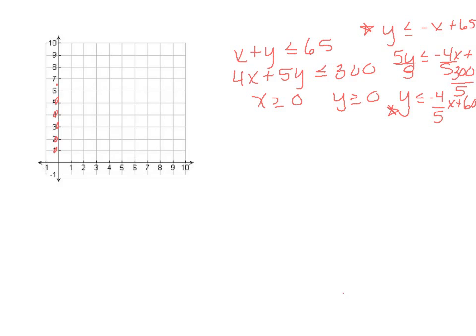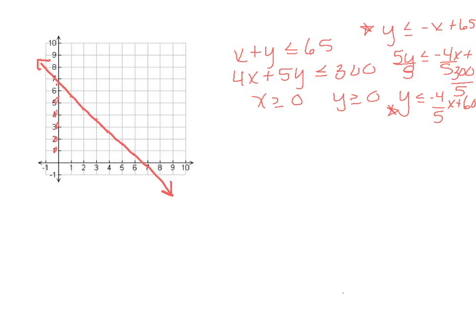As long as we go down 1 and over 1, we're going to have a straight line. And we have to shade below that, so we have to shade in that triangular region. So keep that in mind.